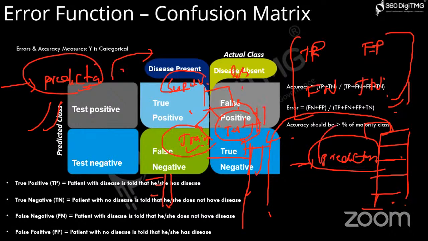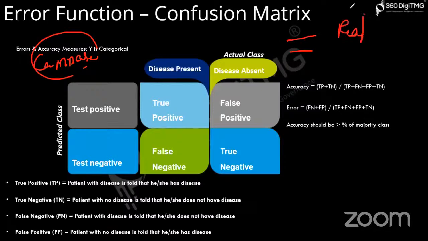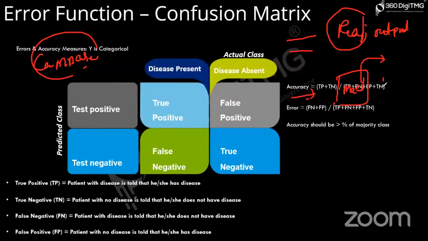We have to compare both. Then only we can say that the historical data are the real outputs, and the predictions are done by the machine learning model that we have trained.